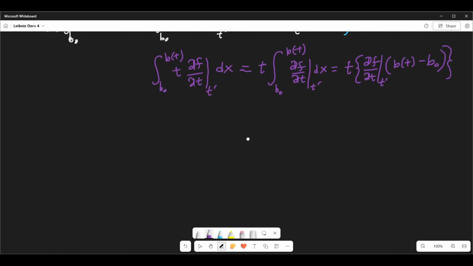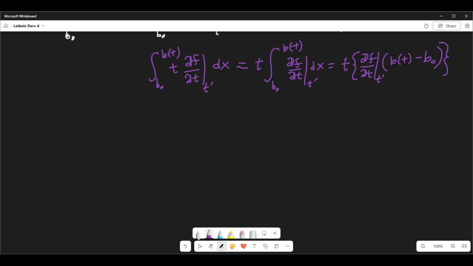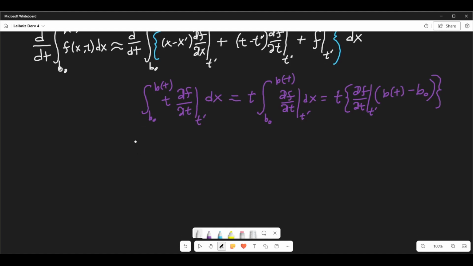So with the entire thing worked out, what comes out is basically, this thing is going to equal df with respect to dx evaluated at t prime, and then here's the b, one of these b of t's minus x prime, and then d of b of t with respect to dt.